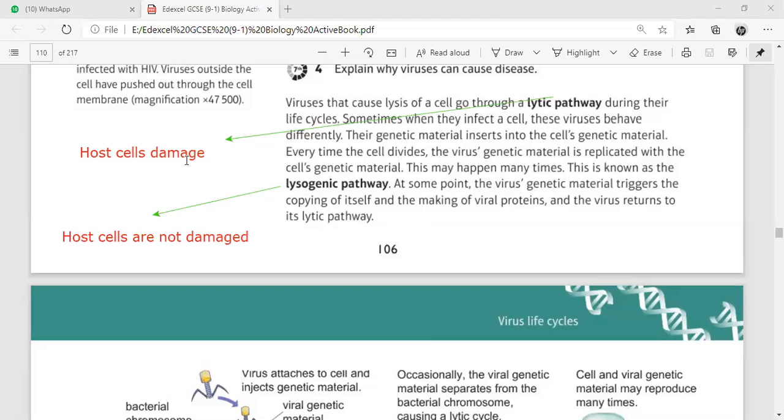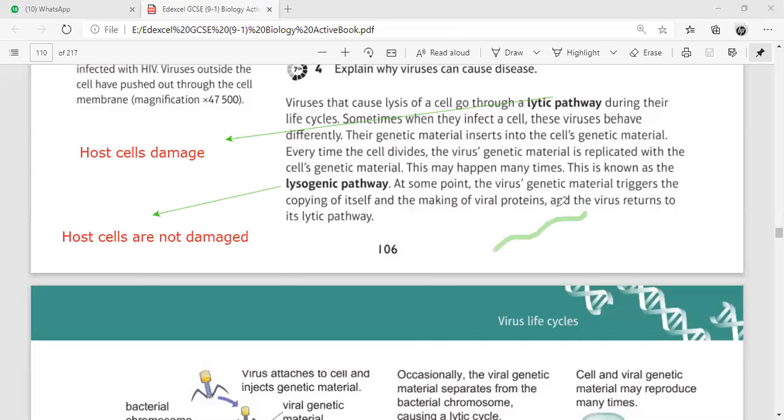Correct? Now there is a lysogenic pathway also. In a lysogenic pathway, the viral cell does not get control of the host. For example, this is bacterial DNA.